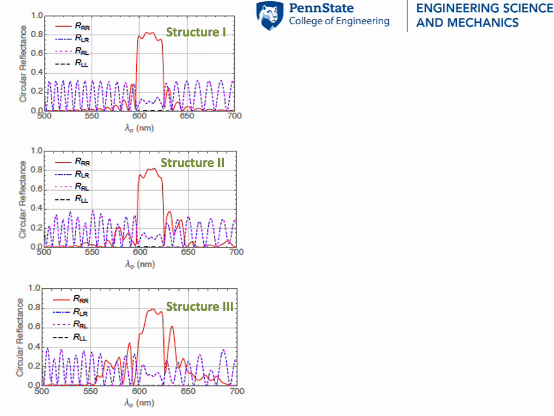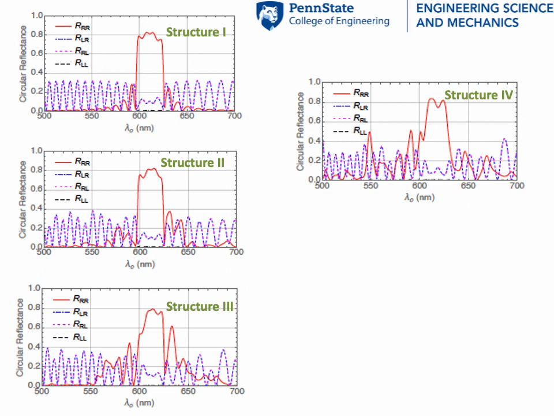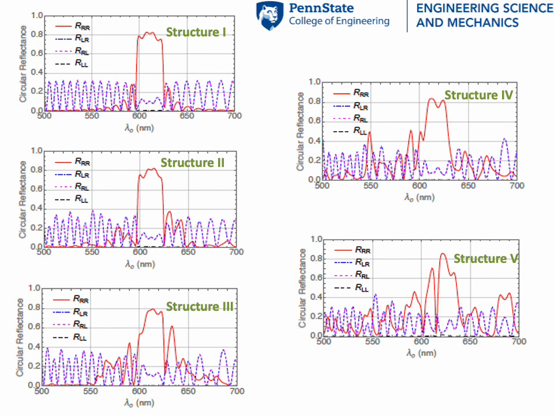R sub LL remains negligibly small. Structure 4 has another disorder added, that in the pitch, turn by turn. Now, the mesa in R sub RR is disfigured more, but it still persists. And R sub LL, it remains tiny. And in structure 5, the mesa of R sub RR has been cleaved into two, but its dominance over R sub LL remains undiminished.